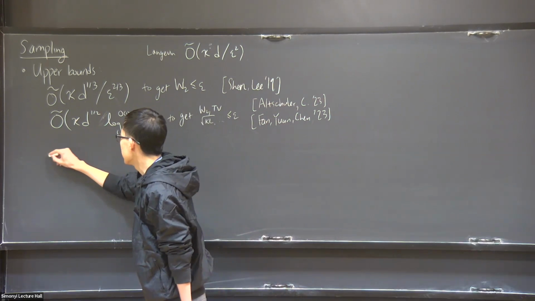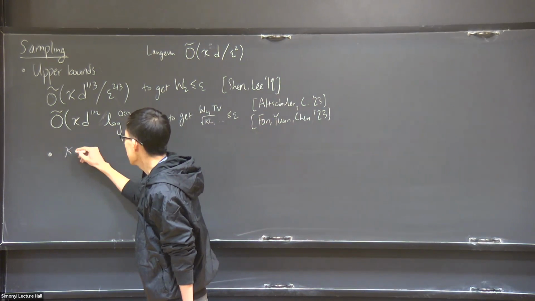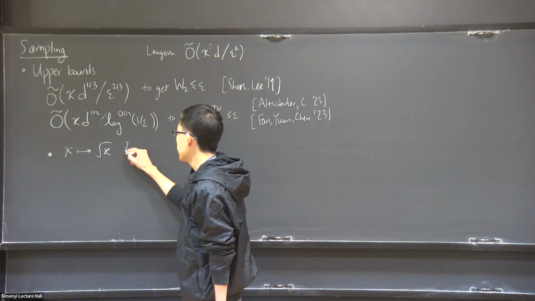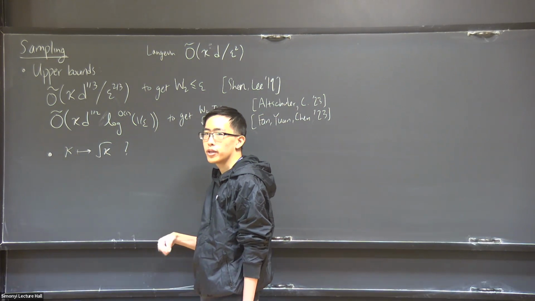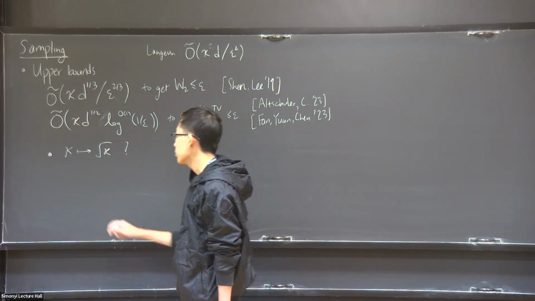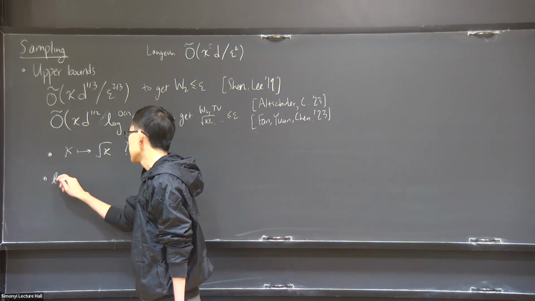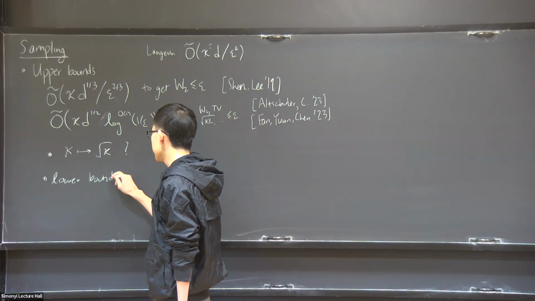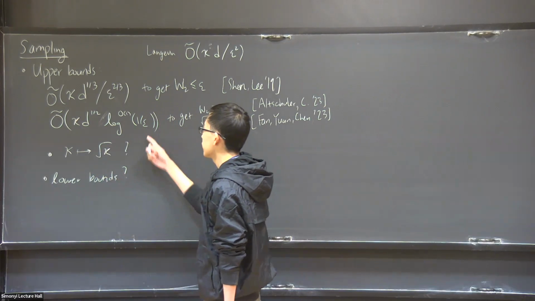Another question is that in optimization, we know this acceleration phenomenon is possible, getting square root dependence on the condition number, and this is completely open in sampling. Also lower bounds: there are a couple for sampling, but they are very far from the upper bounds.